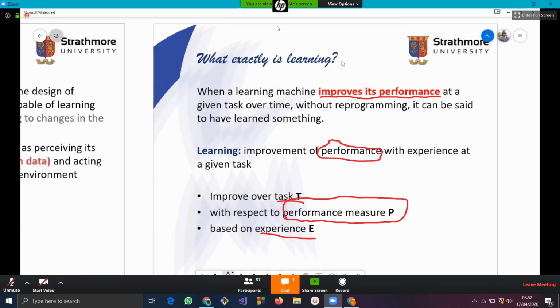Who remembers what we used to measure performance in supervised learning? Which technique did we use? You can just name it or shout it. How did we measure performance of models? Anyone who can remember?